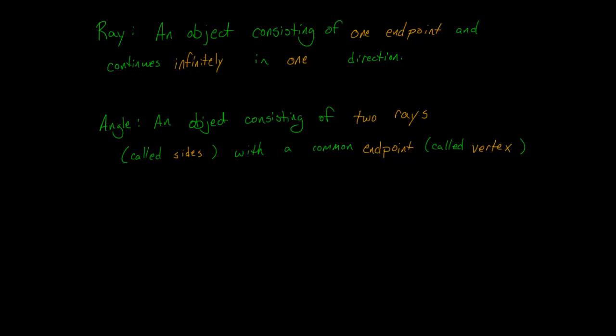So now let's look at our example 1. In example 1, we have an angle drawn up here, angle ABC. And it's asking us to name the sides. So if we're going to name a side, we're going to look at our two rays, and we should name these rays accordingly. We have a side, ray BA.